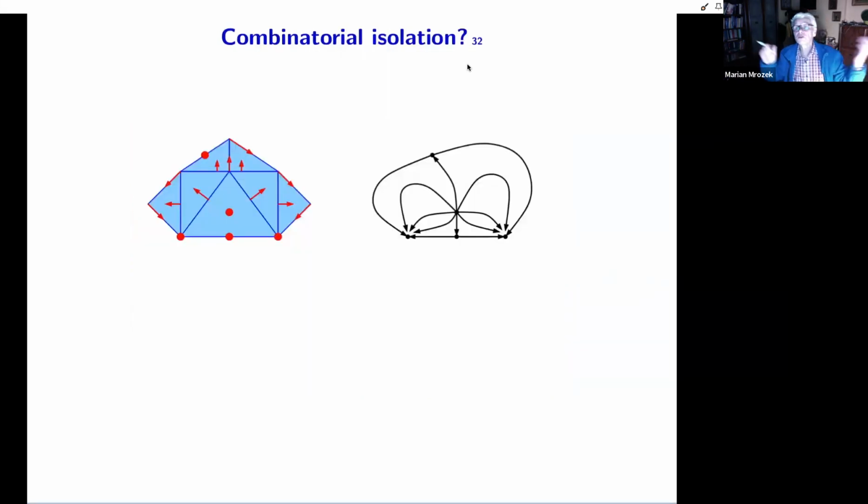Okay, so let's go back to this concept of isolations. We are now ready to explain what is really an isolated invariant set. And this is related to something which I again have no time to explain in detail, but we have a theorem.